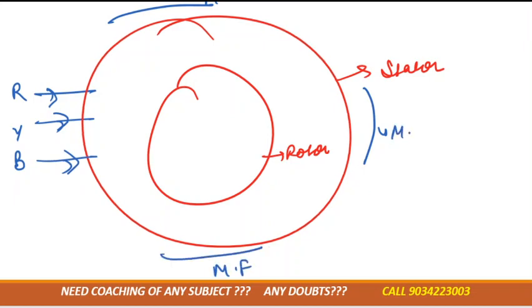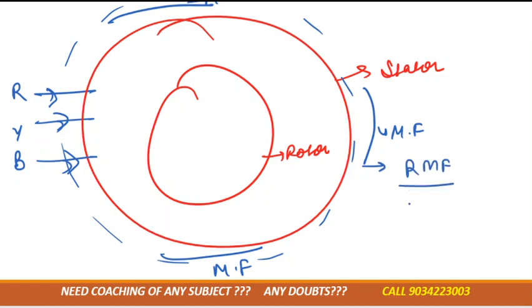Because they do not all act at the same time, it looks like the magnetic field is moving, and this generates the concept of RMF. RMF means the rotating magnetic field.